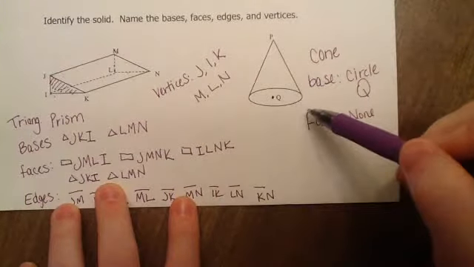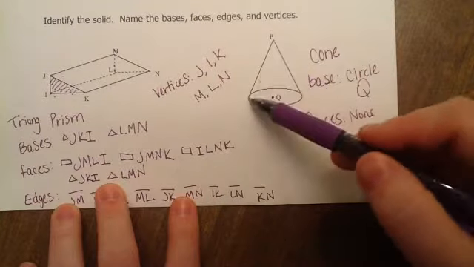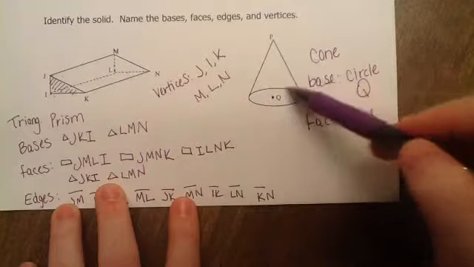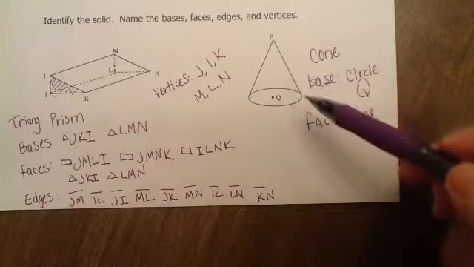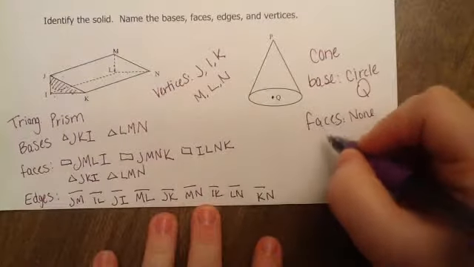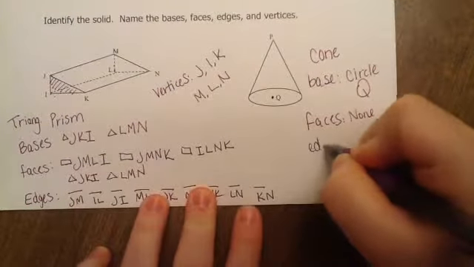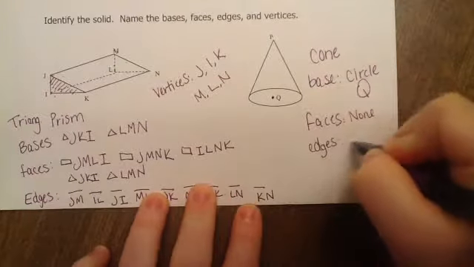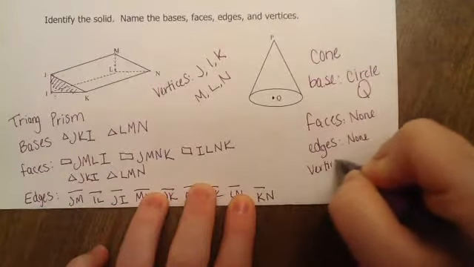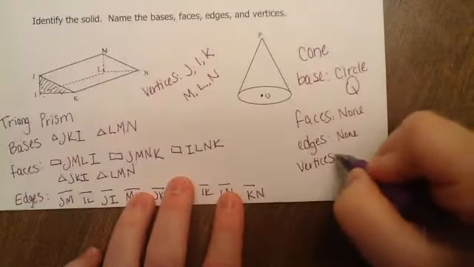How about any edges? These look like line segments, but they're really not because a cone is rounded. So there are no edges there. How about any vertices? Vertices are the corner points.